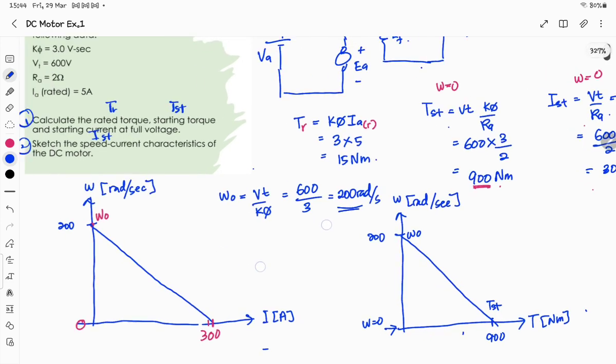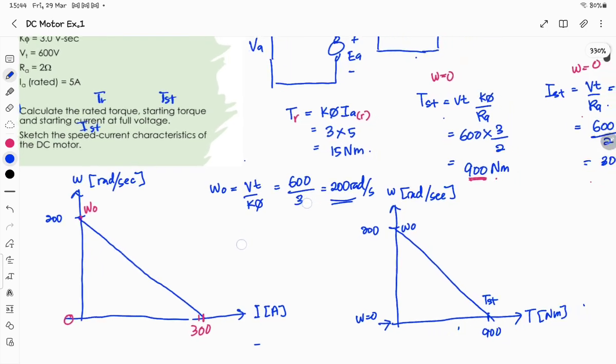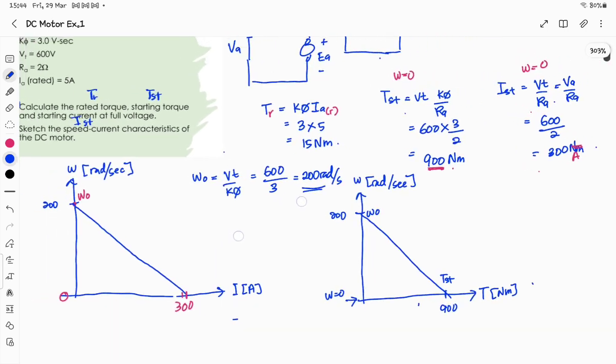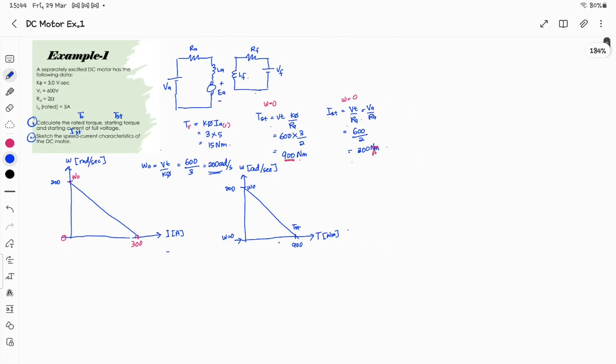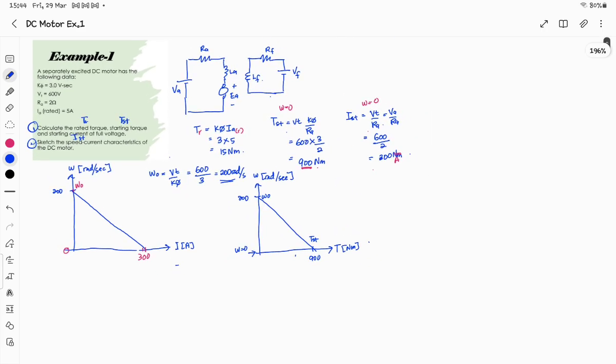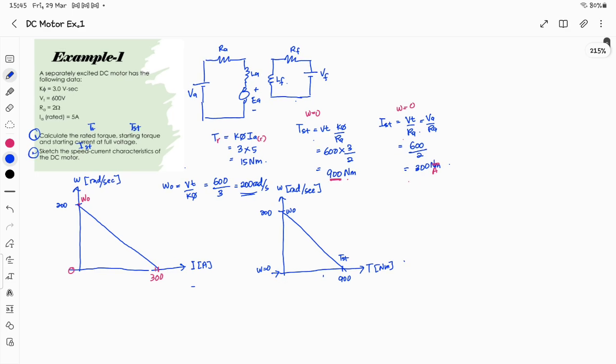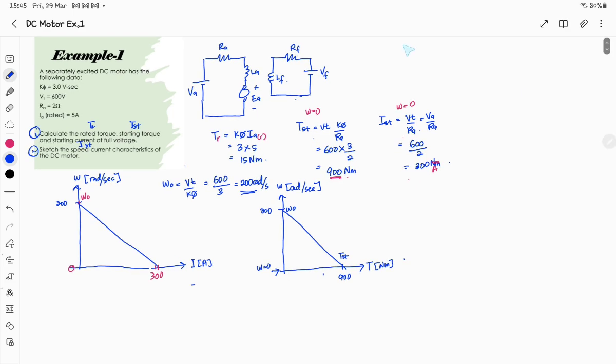Okay, TR, TST, I starting. Now you have two torque values, rated and starting, and two values of current, starting current and rated current. So let's take a look at the ratio of these two parameters.